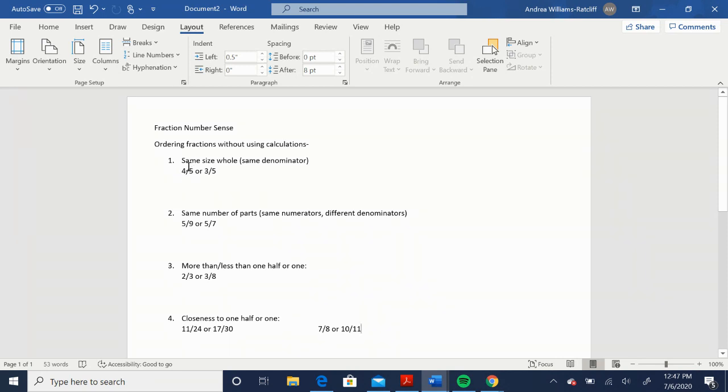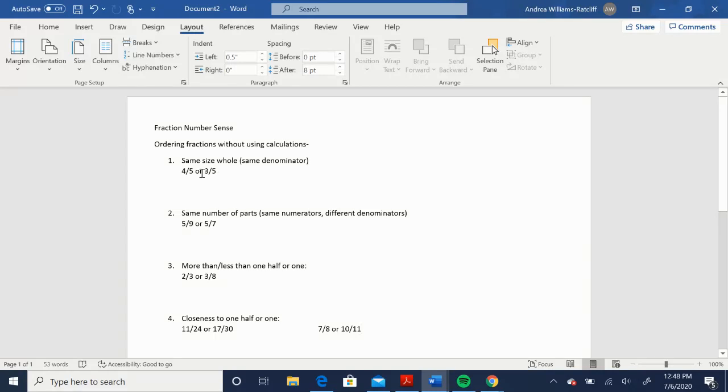Here we have 4 out of 5 parts. How does that represent size? Well, because we know each part has to be 1/5. Since we have the same number of parts to make a whole here, we know this has to be the same size whole that we're comparing it to. So we have 4 out of 5 parts or 3 out of 5 parts.